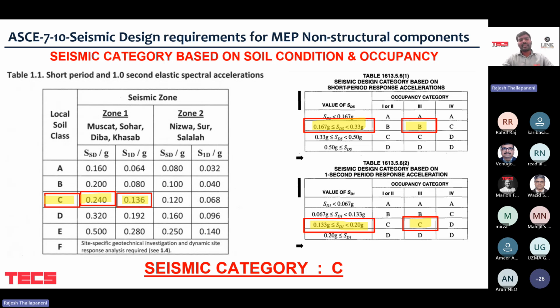So selecting a seismic category plays a vital role. When selecting a seismic category from B to C, as a rough example, the contractor or the client can save up to 15 to 20% of the total project value.